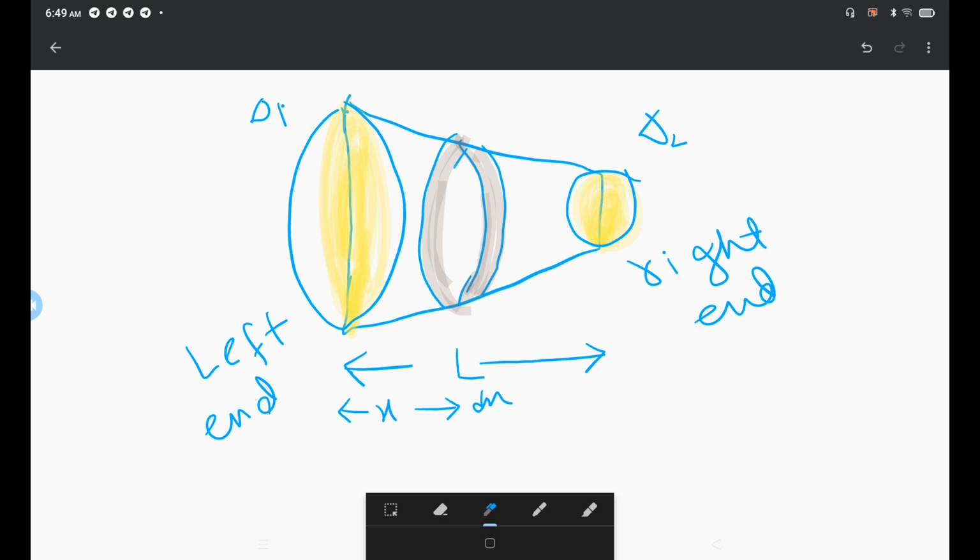This is our elemental strip. The circular cross section also has some diameter. This diameter is dx.